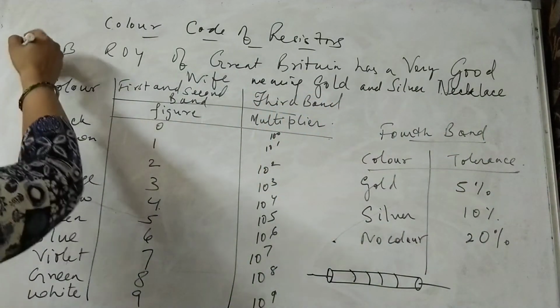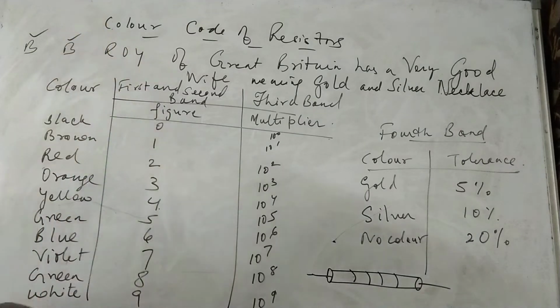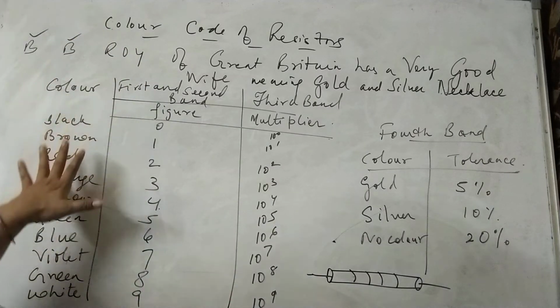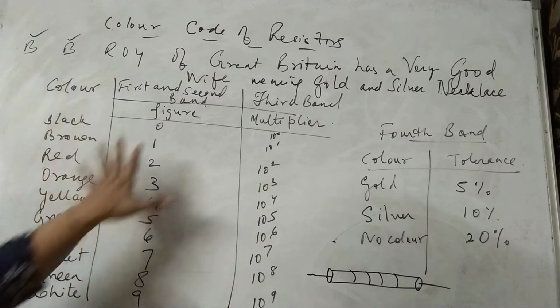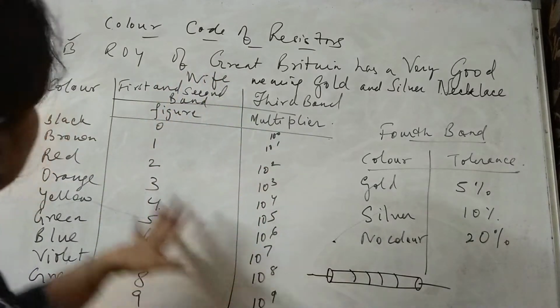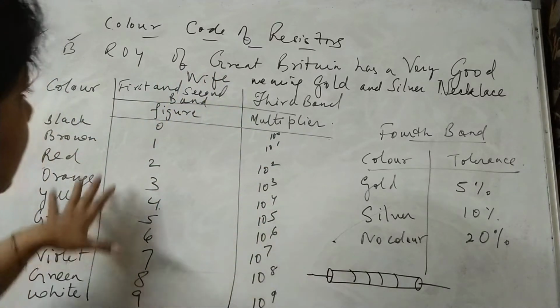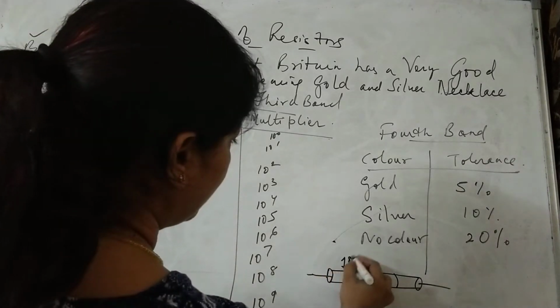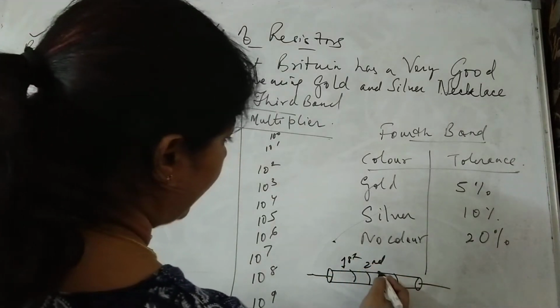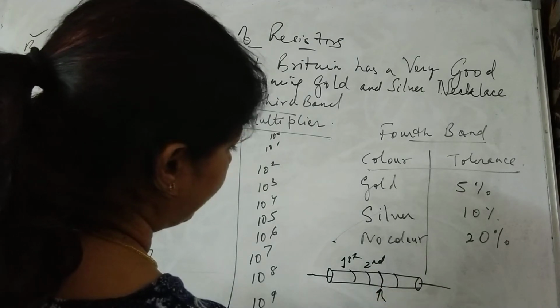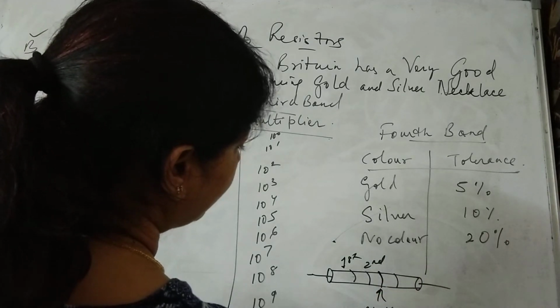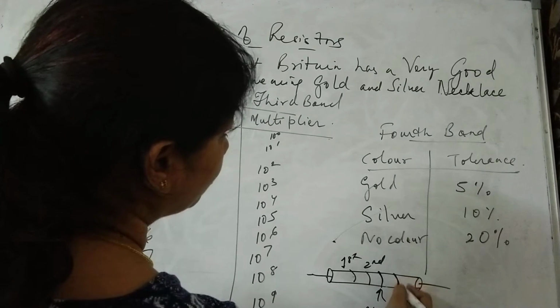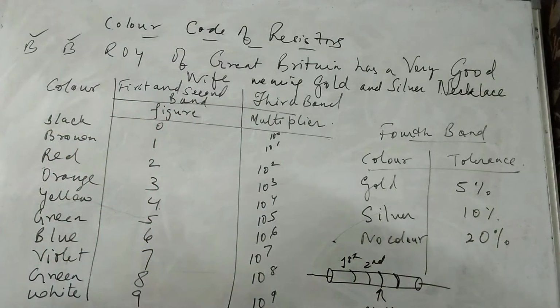Now you take all the first capital letters, and in order to do it, you are going to take three columns. First column, the colors. The second column is the first and the second band. The third band is the multiplier, and the fourth band is the tolerance band.